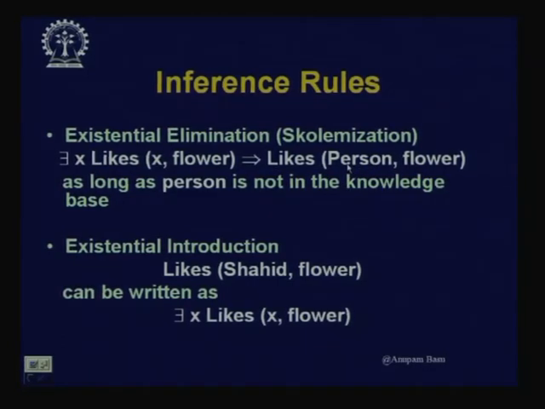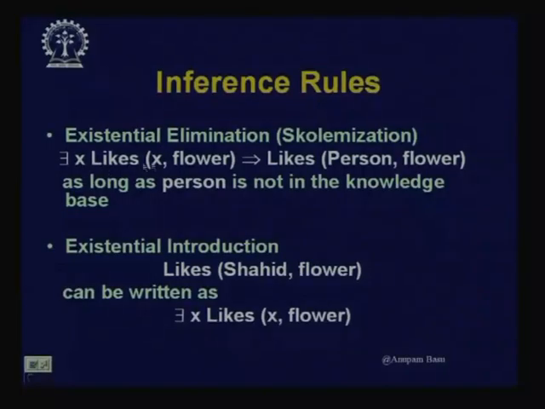Say there is a sentence, there exists x such that likes John x and food x, say x is a food, and there exists x such that John likes x. Then there is some x which John likes. Suppose I find out apple, then I can represent that particular x parameter with apple and remove that existential quantifier.